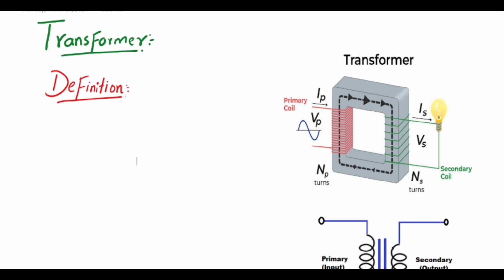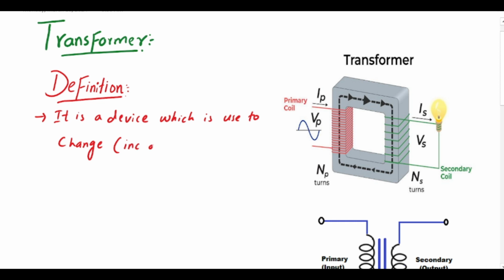Okay, so इसको हम ऐसे definition लिखे. It is a device which is used to change, mean either we can increase or decrease, the AC voltage, alternating voltage only.